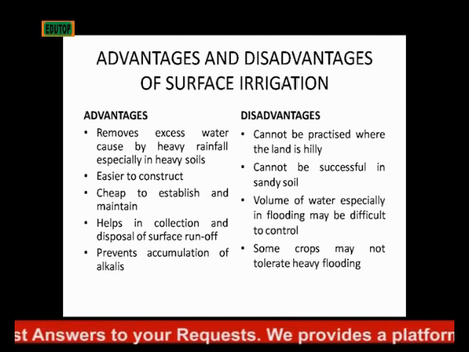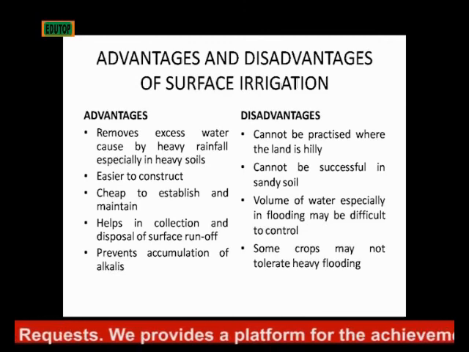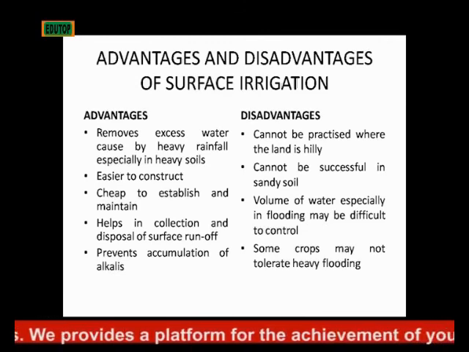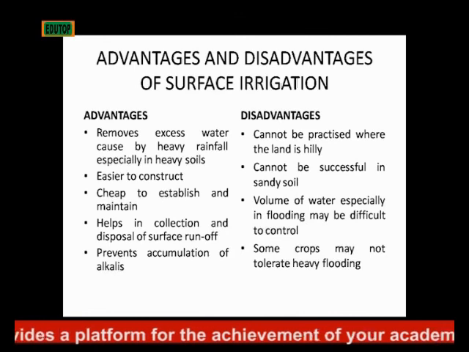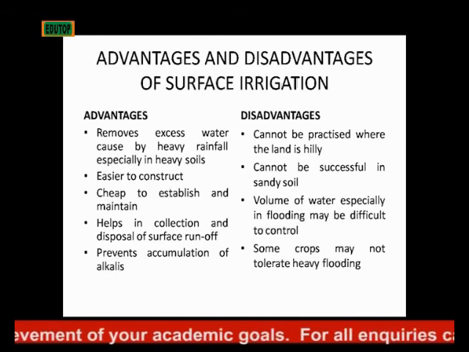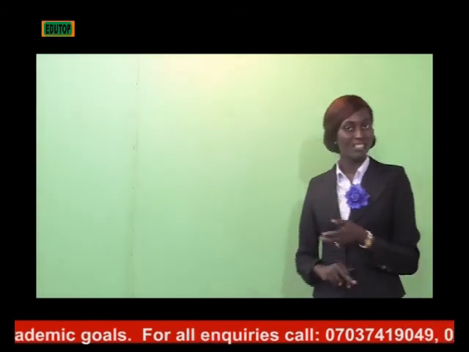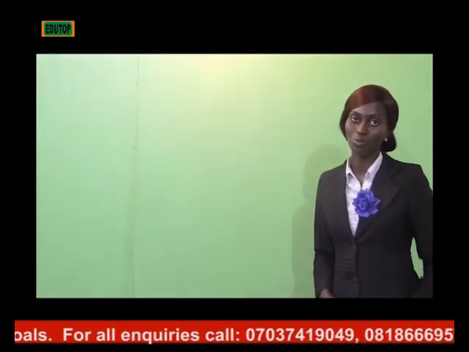So there may be too much water coming in when there is flooding, or when there is excess water. You may have excess water in your farmland. Then some crops may not tolerate heavy flooding. So those are the things you have to consider. If you are cultivating a crop that doesn't really need so much water, then this surface irrigation method will not work for you.